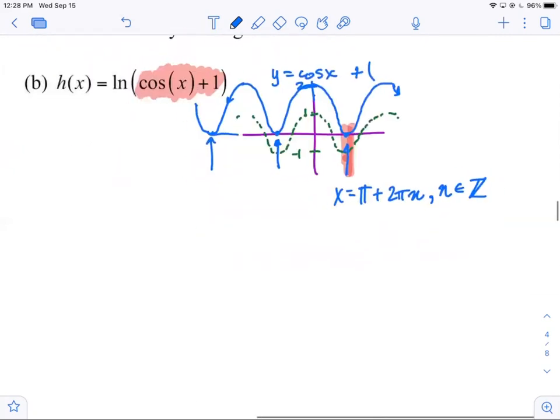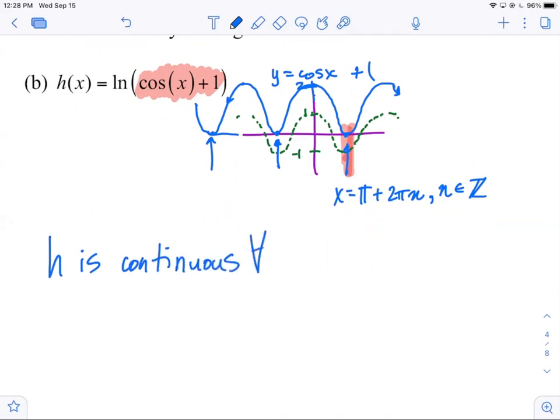So now we could say that h is continuous for all x not equal to pi plus 2 pi n, where n is an integer.